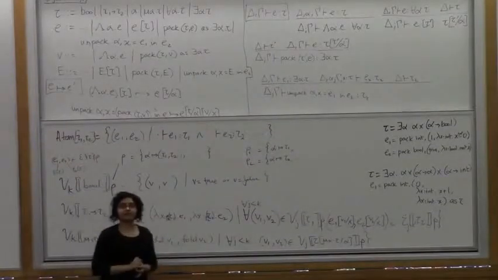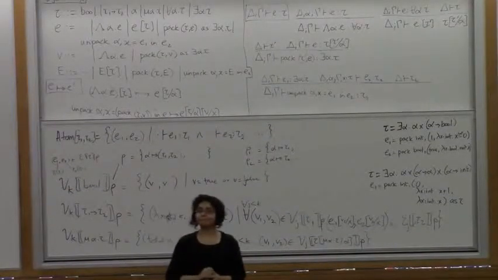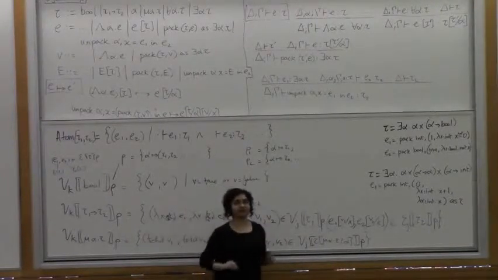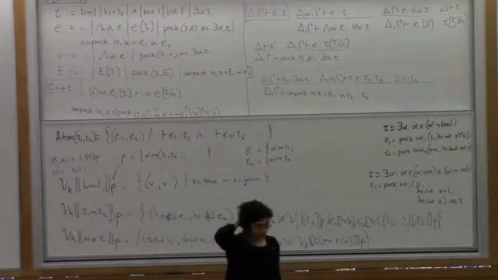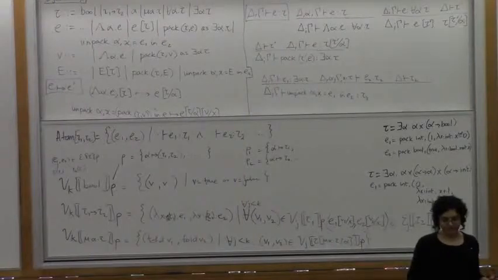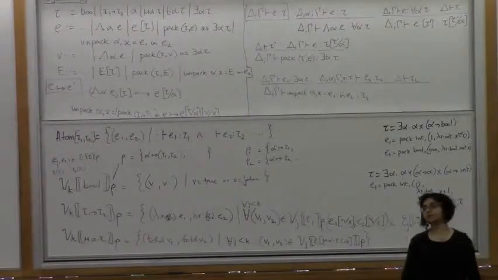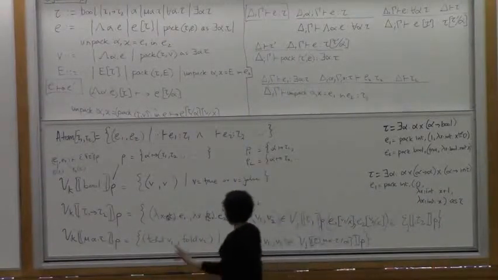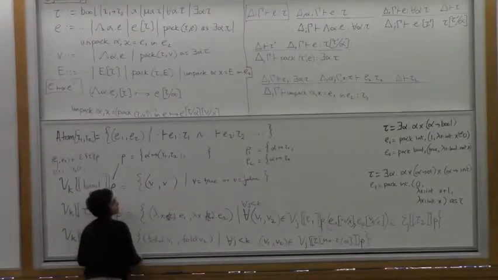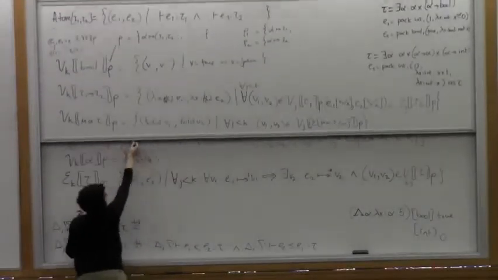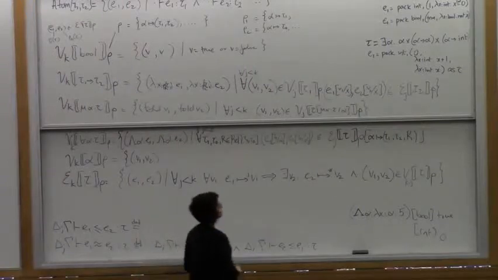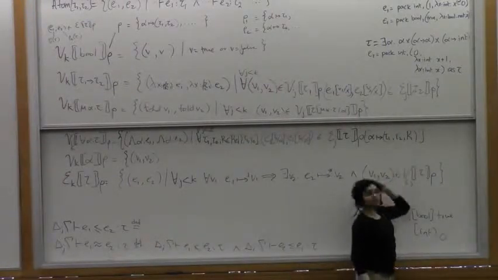Have people heard of Girard's candidates method? For those of you who have or haven't, let me just say a few words. Girard's candidates method was basically a method for proving strong normalization for system F. The main observation, or the relation to what we're doing now, is that when you get to this part of your definition in system F, when you try to define the interpretation of polymorphic types, you get to pick an arbitrary relation here.